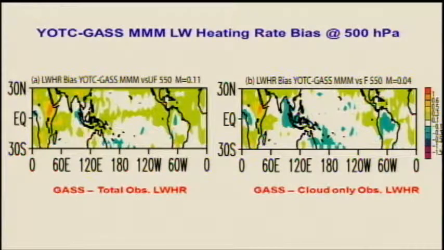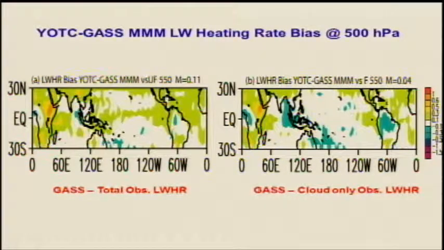the observation. On your right, we use the filtered observation data. From your right, you can see that over the Pacific section, the bias is much less than if you're using the unfiltered, that is the total radiative heating rate data.